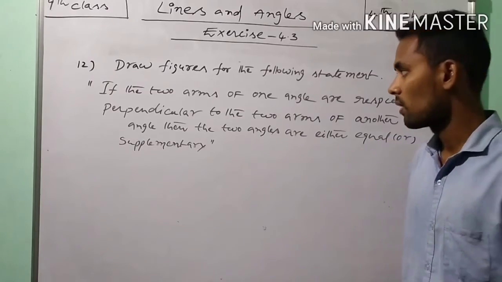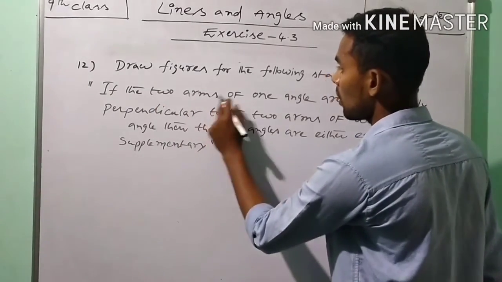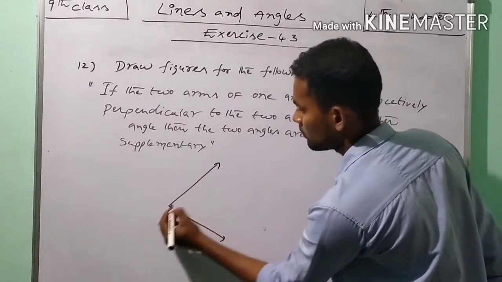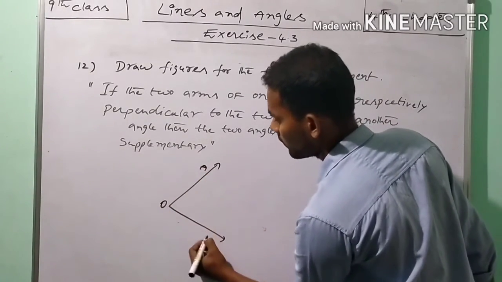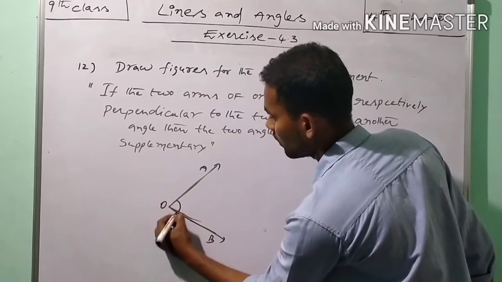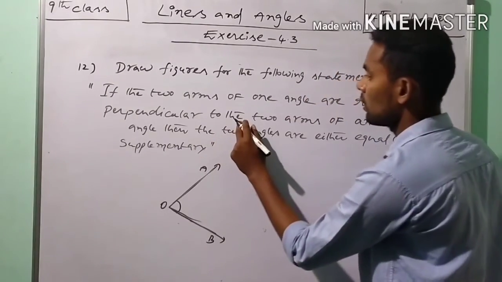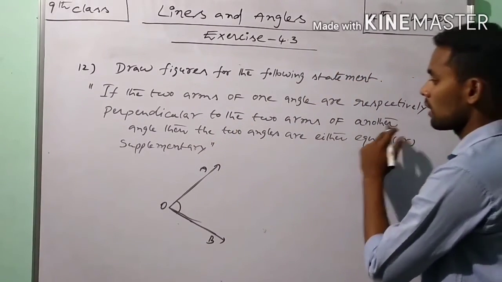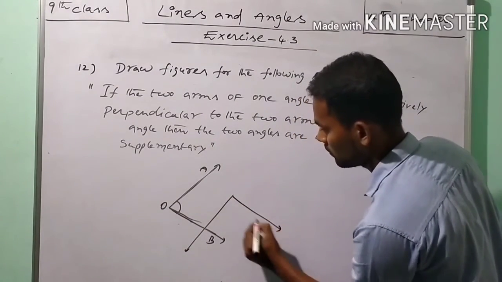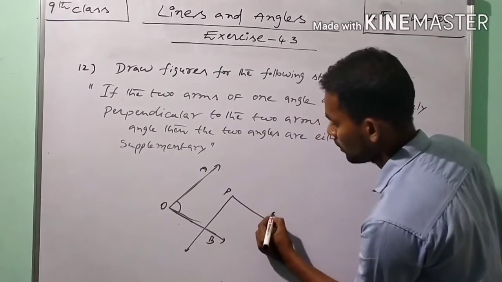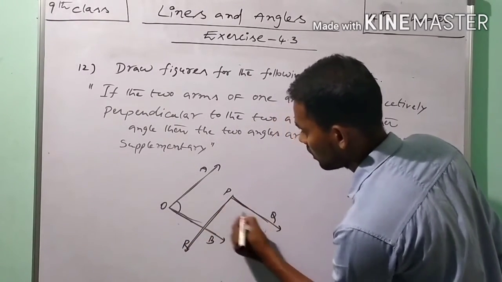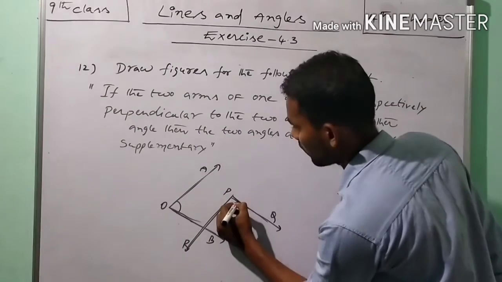Draw another figure. Two arms of one angle, OAB, are perpendicular to the two arms of another angle, PQR.